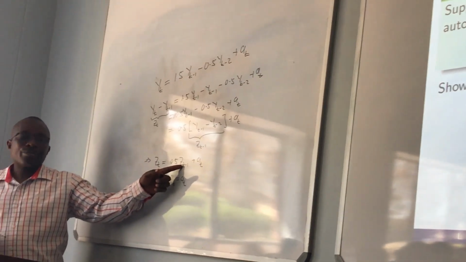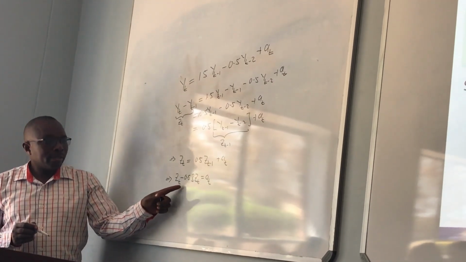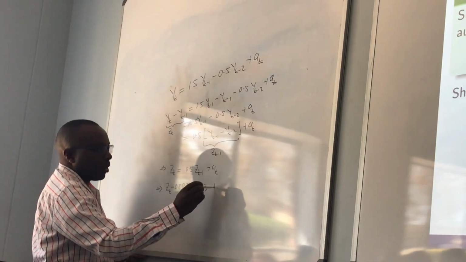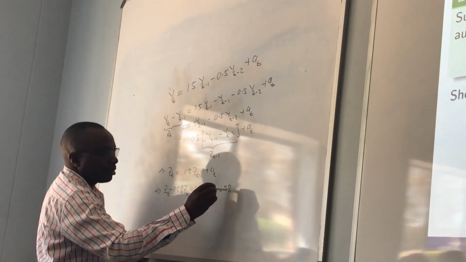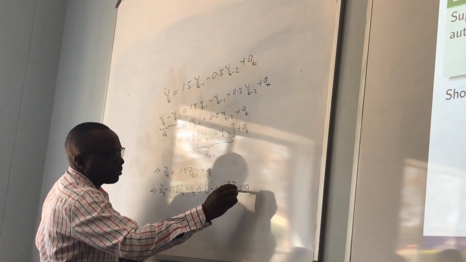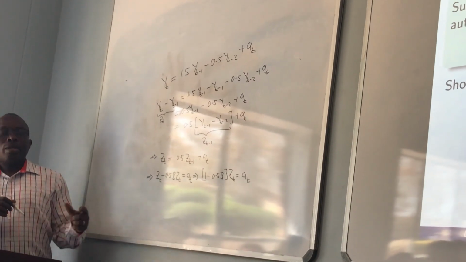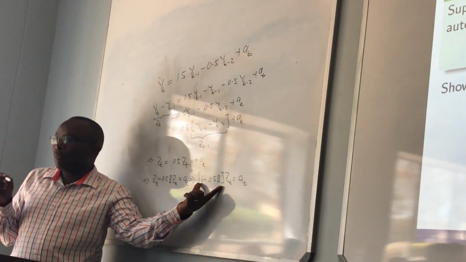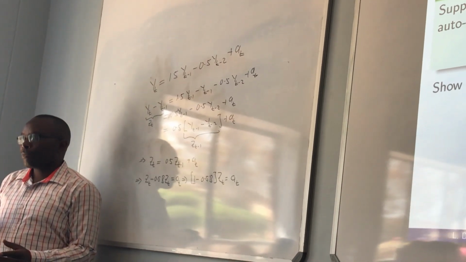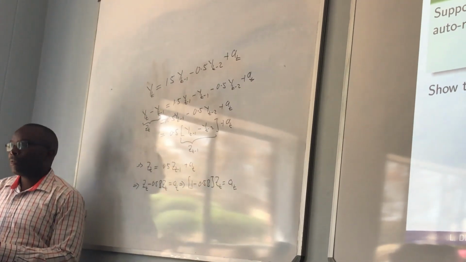So now let's factor out Zt. 1 minus 0.5 B times Zt is equal to At. Is that correct? Now let's take this. That's the characteristic polynomial, our characteristic polynomial, and equate to 0.